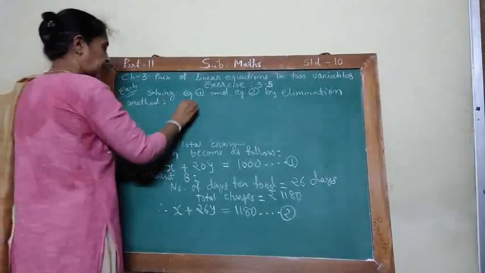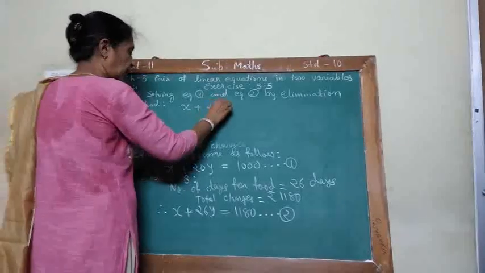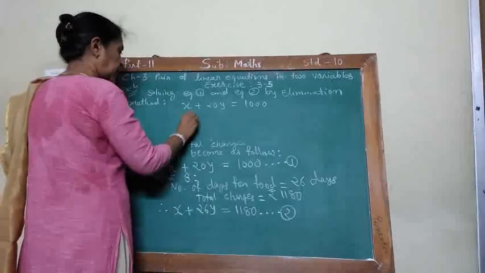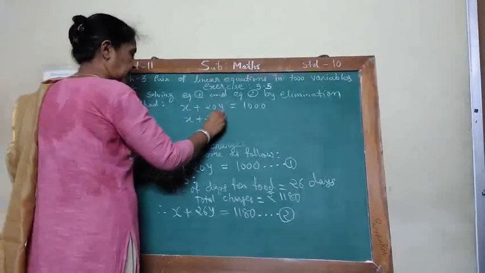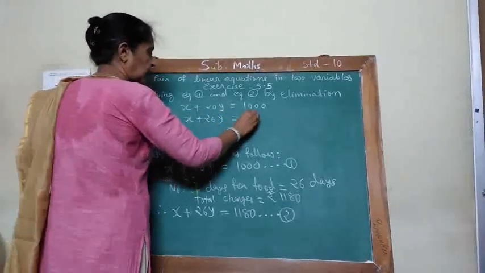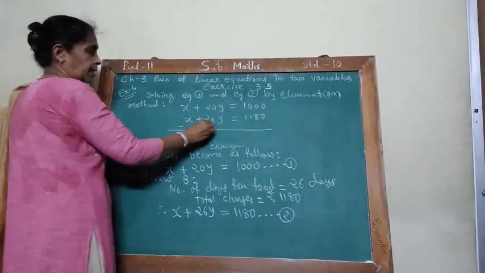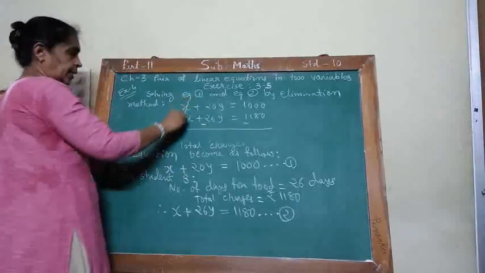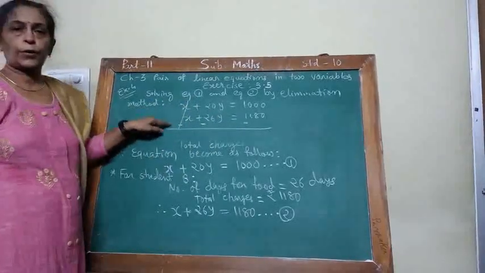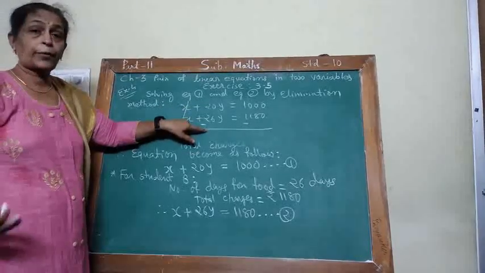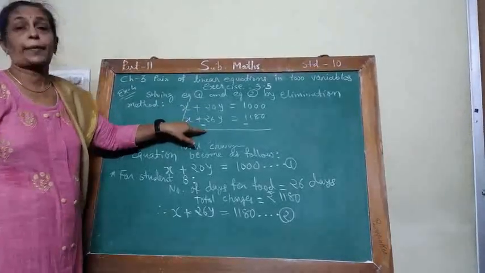The first equation: x plus 20y is equal to 1000, and the second equation: x plus 26y is equal to 1180. Now I change the sign. X is eliminated very easily, so don't try to make coefficients of y and eliminate y, it takes time.